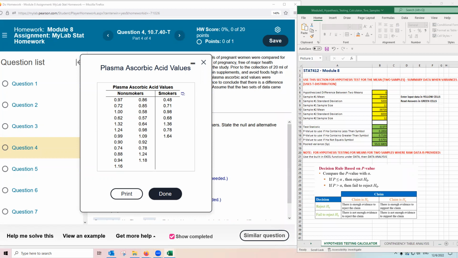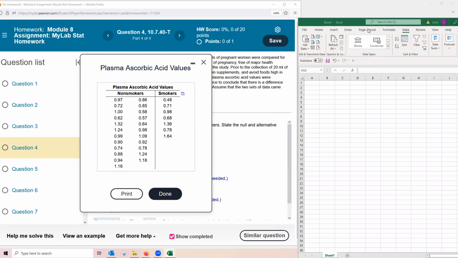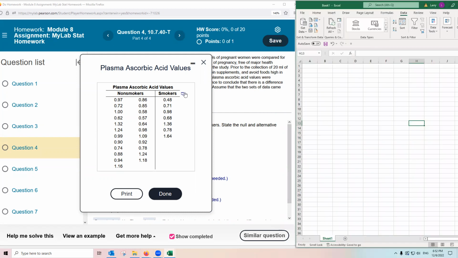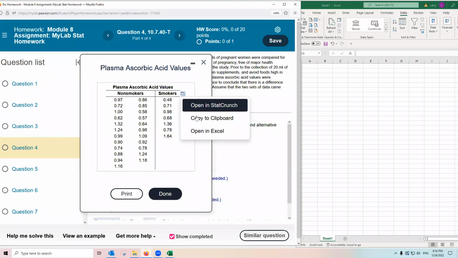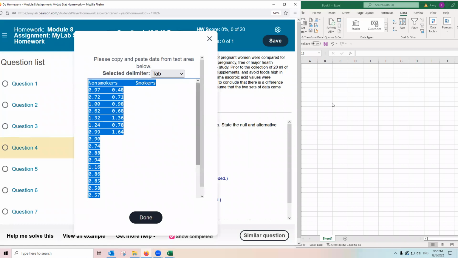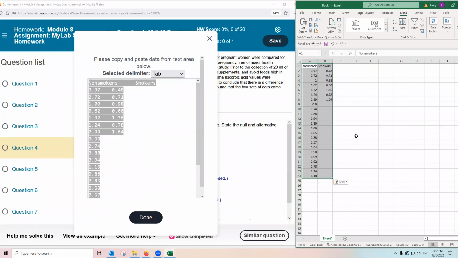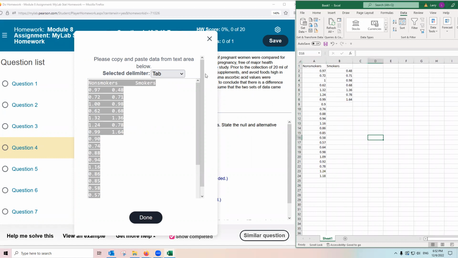Let me open up a blank Excel spreadsheet. All right. And I'm just going to copy this data into Excel. So let me copy it. Just copy it to the clipboard. And then I'll paste it here. All right. So here's the data we got. All right.